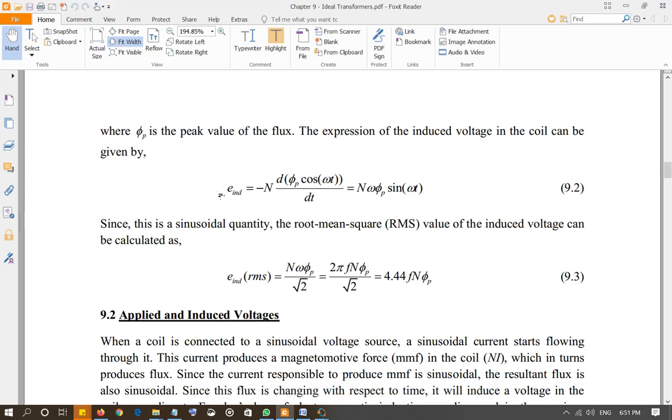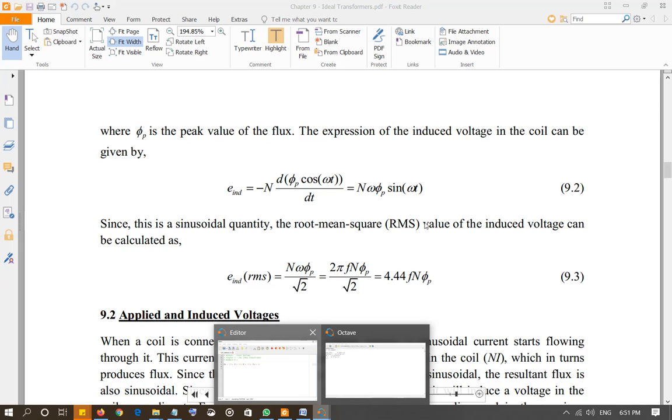And the RMS value of this induced voltage can be calculated using the peak value over square root of 2, because it's a sinusoidal quantity. So induced voltage RMS is 4.44 F N phi p. So let's go ahead and use this equation to calculate the peak value of the flux.